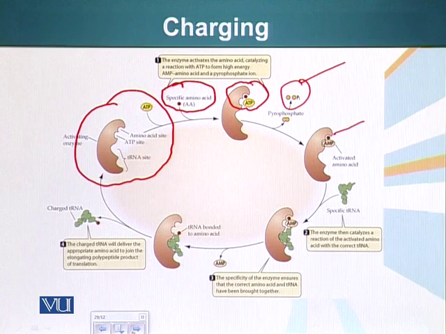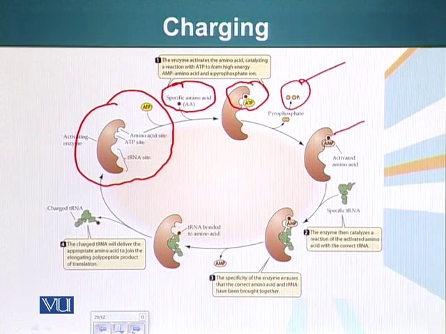In the next stage, the tRNA comes in. Now, this enzyme has to recognize this particular amino acid. Very, very important. And very importantly, it has to recognize a specific tRNA. That tRNA is going to carry only that particular amino acid. So when these molecules come together on the surface of this enzyme, it catalyzes the second reaction, forming a high energy bond between the tRNA and the amino acid.